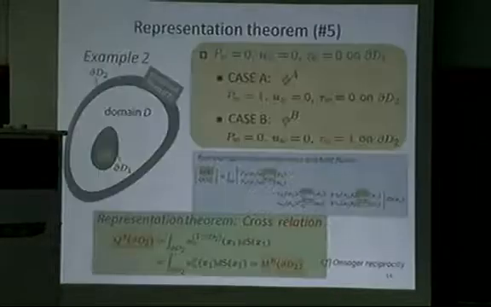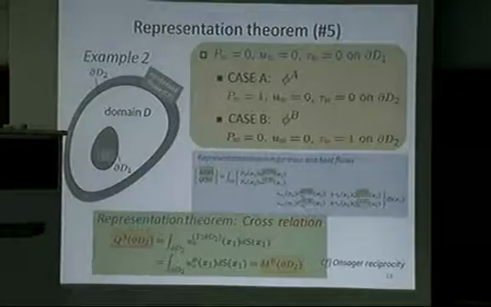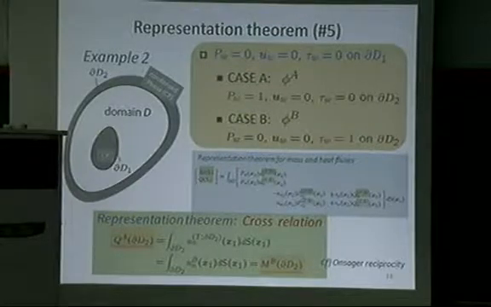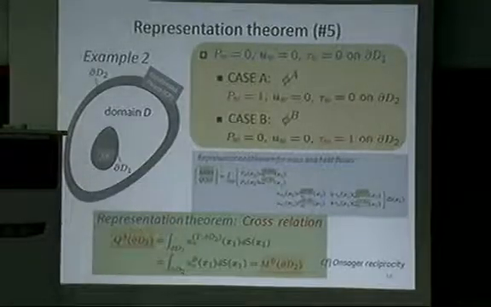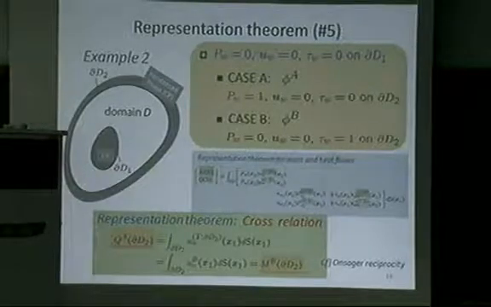Okay, up to this stage, I explained all the essential part of my talk. Okay, so what is the direction of generalization? Up to this moment, maybe I didn't explicitly mention it, what I considered is only the case that the domain is bounded.